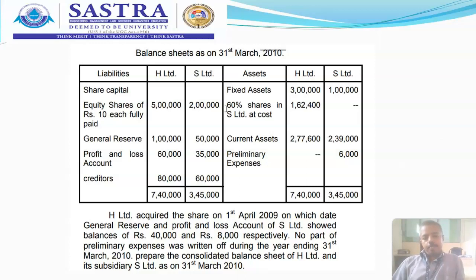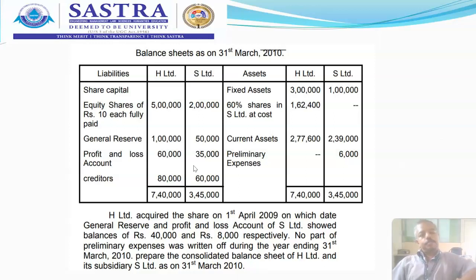Subtract capital loss and revenue loss accounted for the outsiders. So the balance we call minority interest.